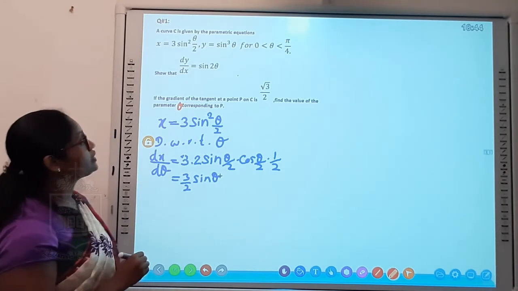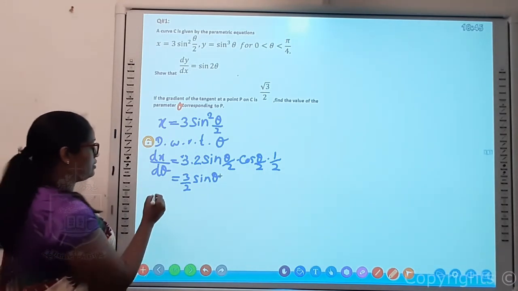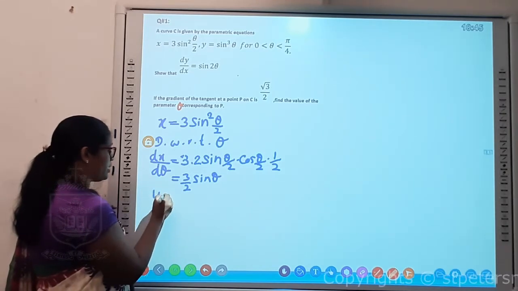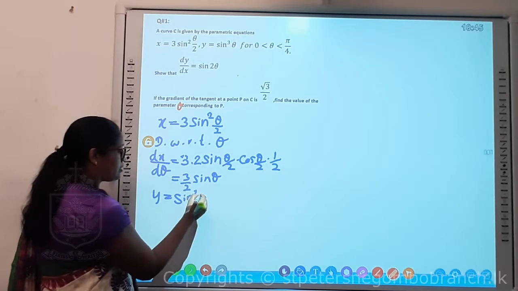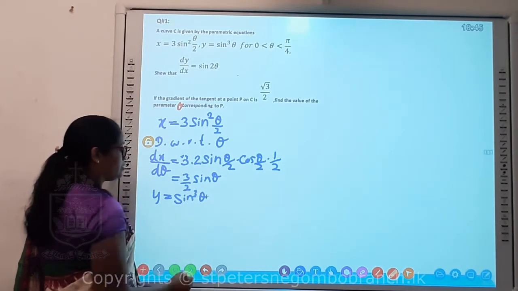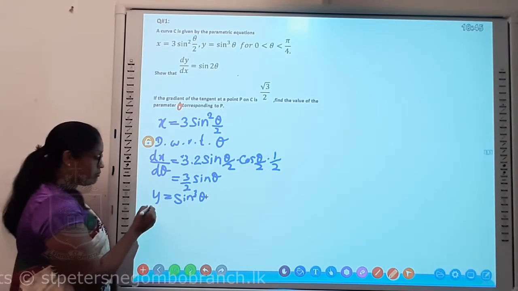Next, I will differentiate the relation y equals sine cubed theta with respect to theta.